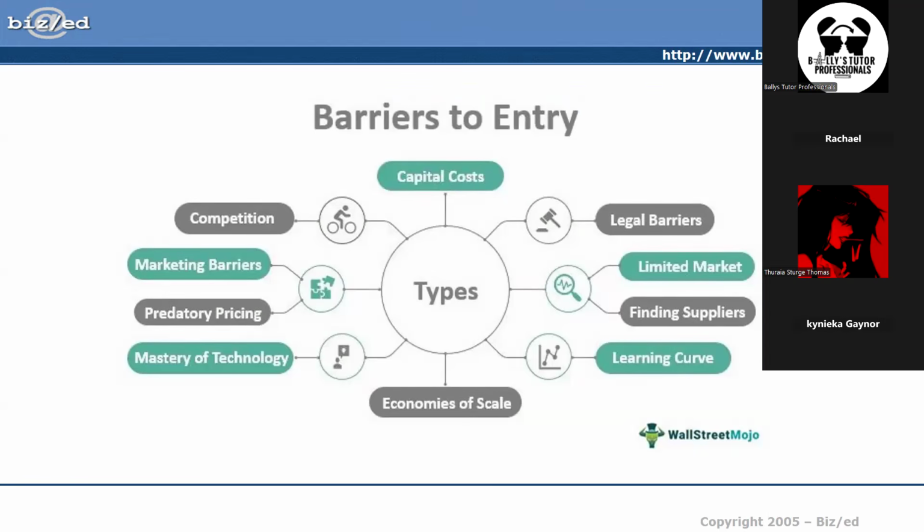Now, this is what I mean when I say barriers to entry. Anything that makes it difficult to enter the market, small or large, is considered a barrier to entry. For example, let's look at the electrical company in our respective countries, the company that provides electricity for everyone. For that to happen, they would have had to set up infrastructure all over the country: all those poles and wires you see on the streets.